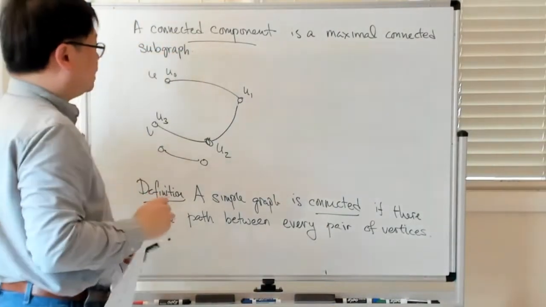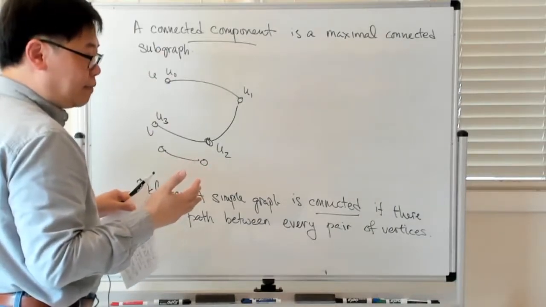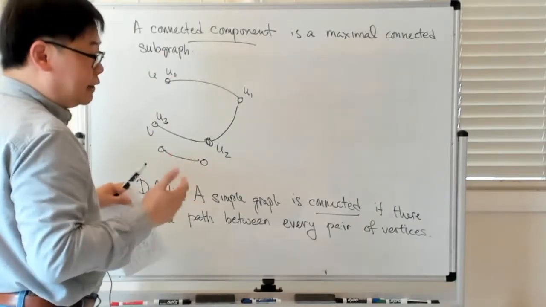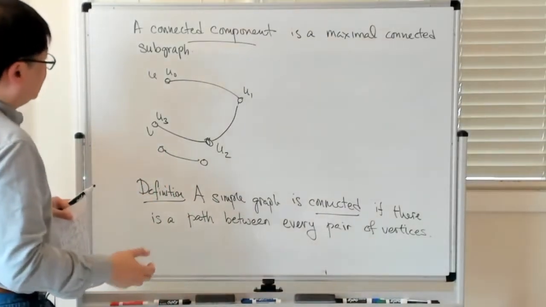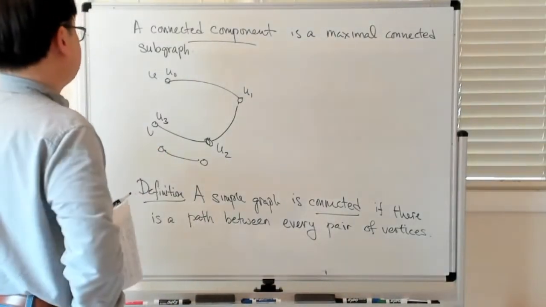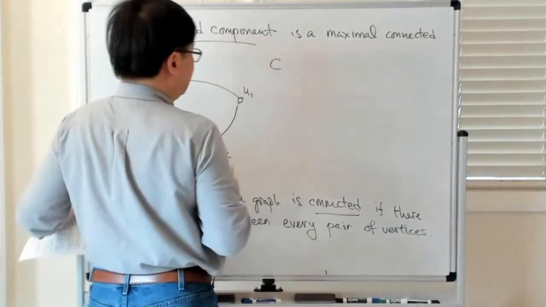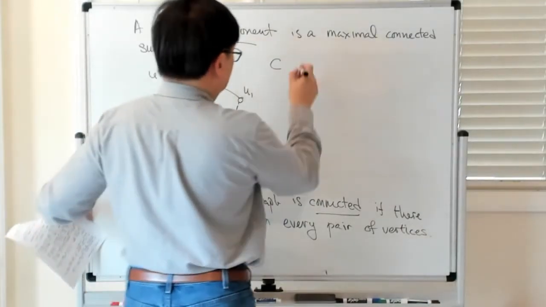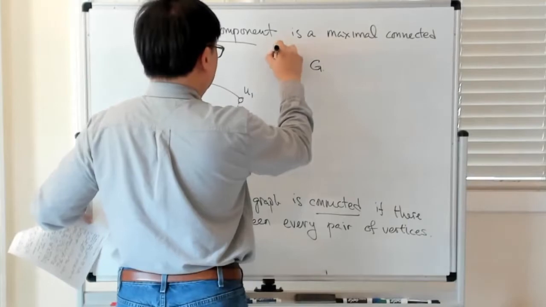A connected component is a subgraph of the original graph with the property that there's no other larger connected subgraph of it. So let's say C. If C is this connected component, it's a subgraph of G with the property that this is connected.